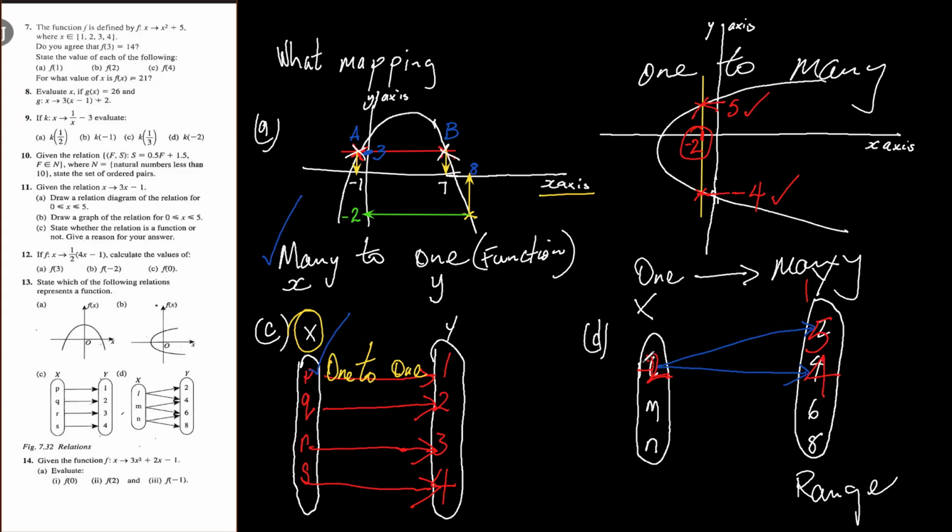Right? So it's one going to many. So this is not a function. One-to-many is not a function. What did I say? One-to-many is not a function.